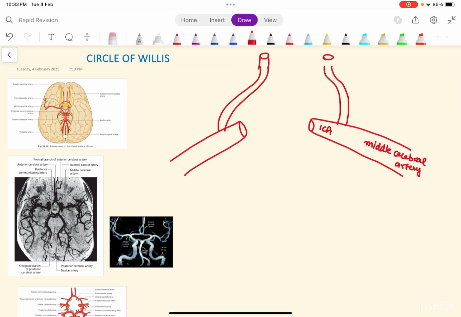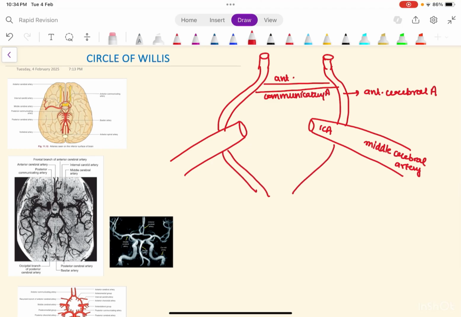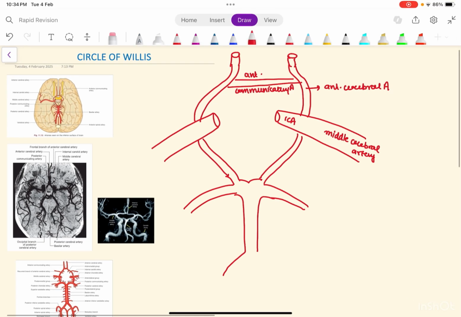It communicates like this. So this is our anterior cerebral artery and this is the anterior communicating artery. Then we have one more communicating artery, and I will just tell you what I'm drawing.